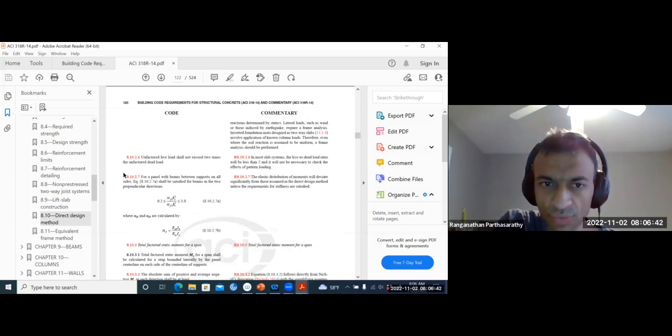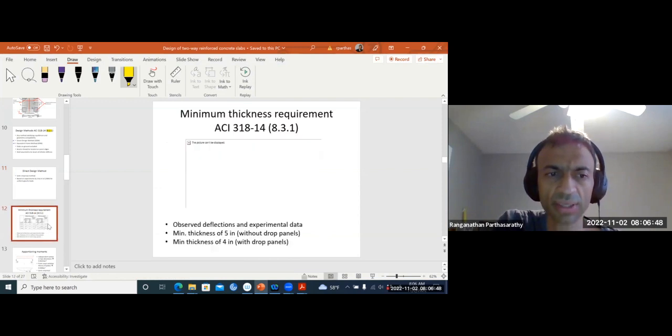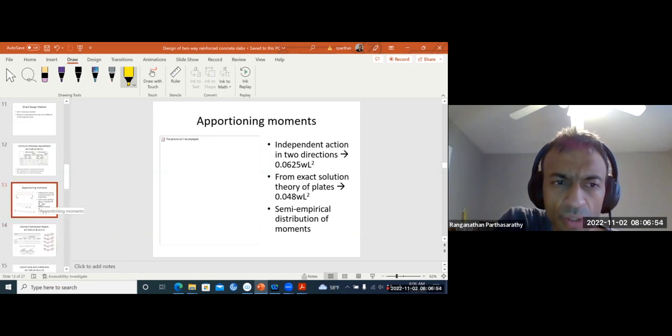Okay, now let's go to the different details. There are a lot of details here. Let me reopen my file for the pictures.